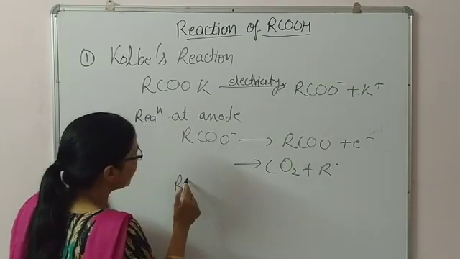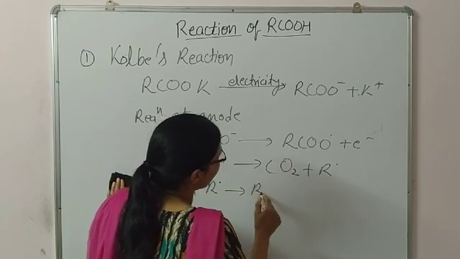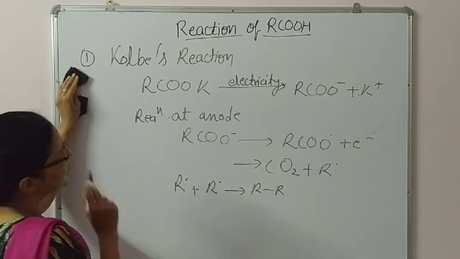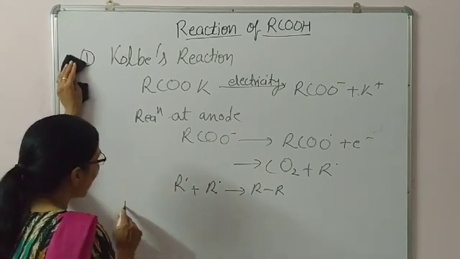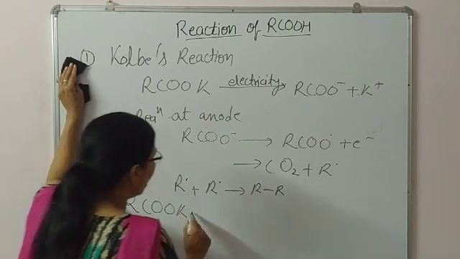Two R dots will combine and there will be formation of alkane. In short, I will write this reaction for 12th standard: RCOOK and electricity.